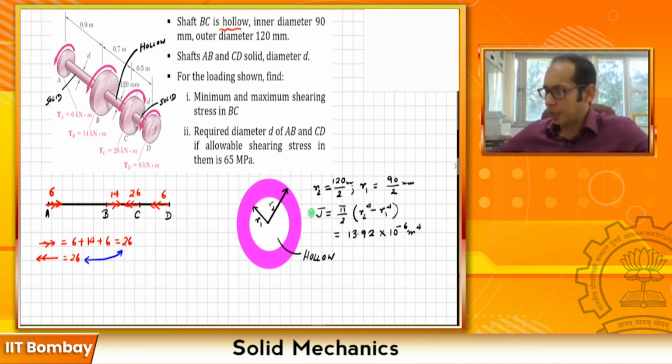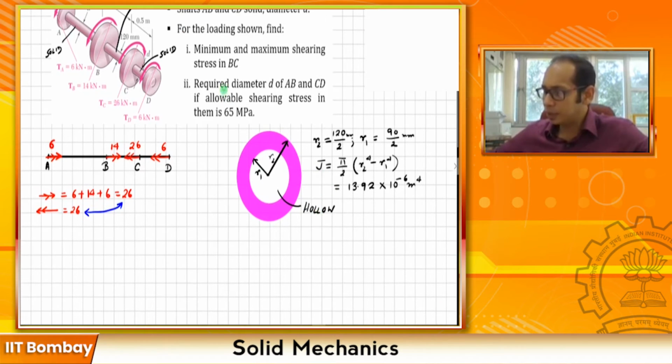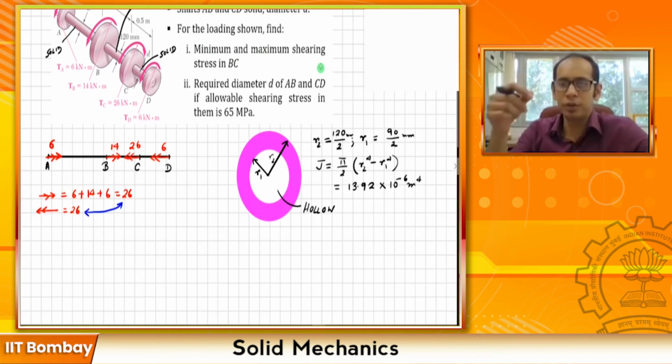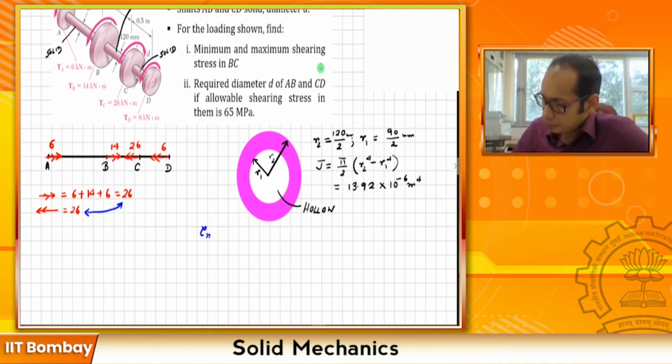Right. Okay, so now that we have calculated J, let's calculate the minimum and the maximum shearing stress. What we saw in the lecture is that the minimum shearing stress occurs at R1. So tau minimum happens at R1 and tau maximum happens at the outer periphery at R2, right?